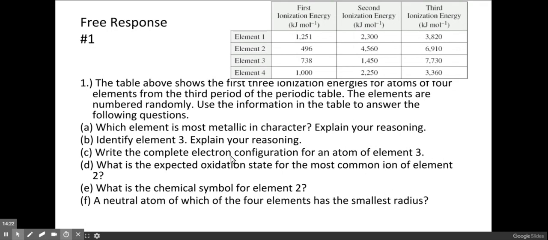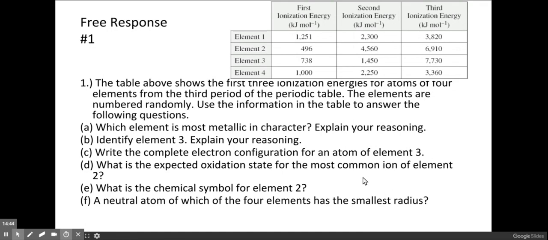But then you wrote the electron configuration for what you thought element 3 was. If you said this was silicon, for example, and then wrote a correct electron configuration for silicon, you would actually get that point. Even though it's the so-called wrong answer, it's still right based on your previous wrong answer.